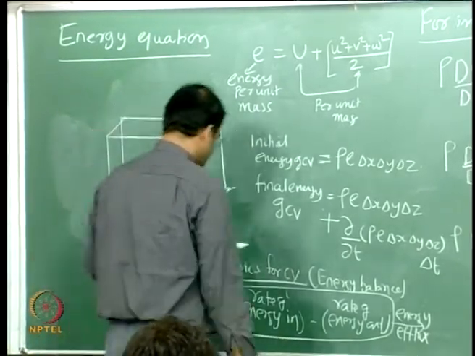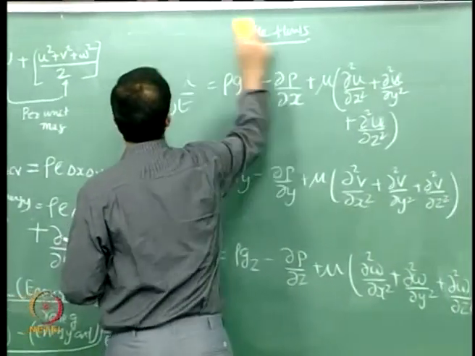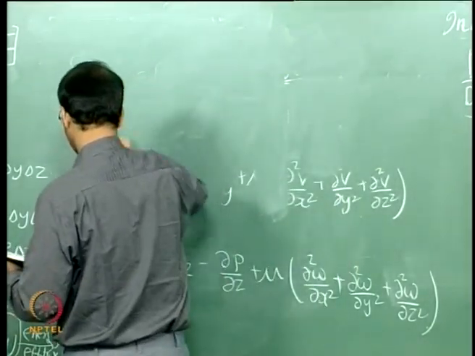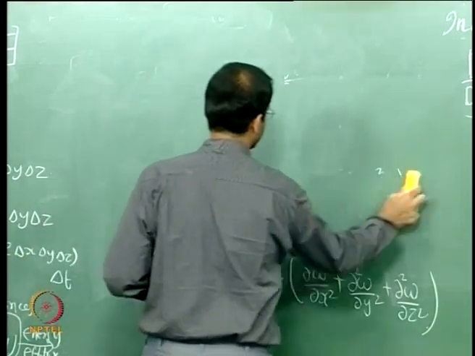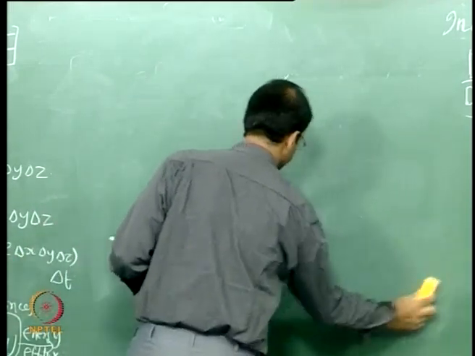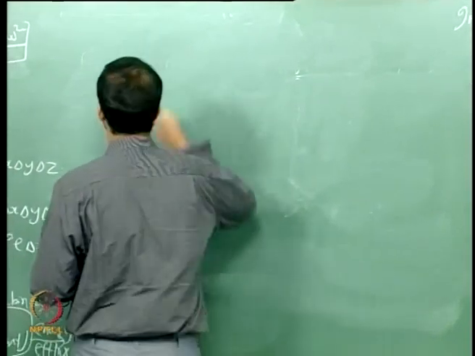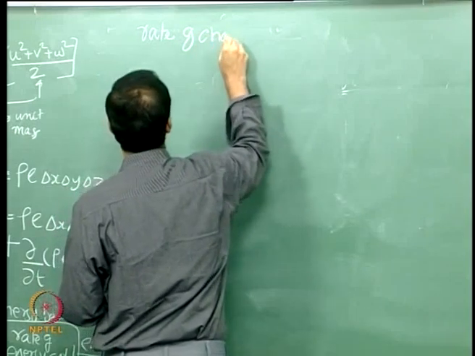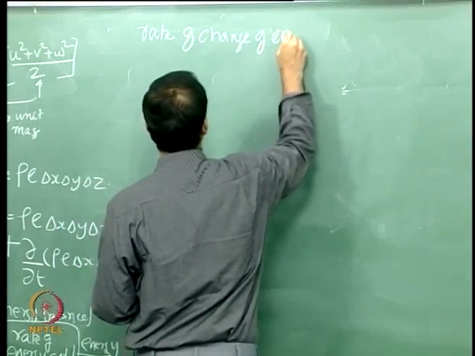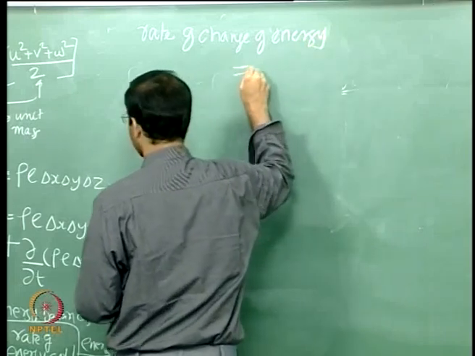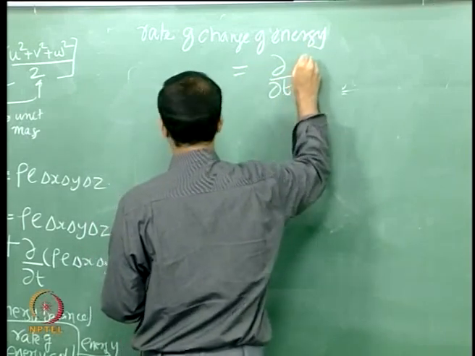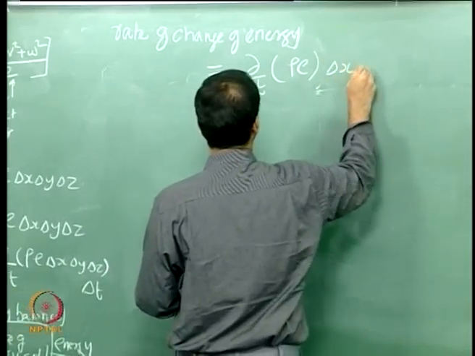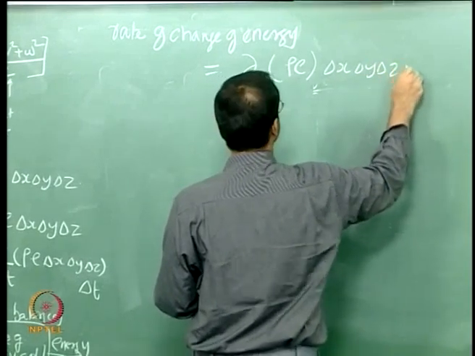Therefore your rate of change of energy of the system will be final minus initial, so that will be d by dt of rho E, multiplied by delta x, delta y, delta z, delta t.